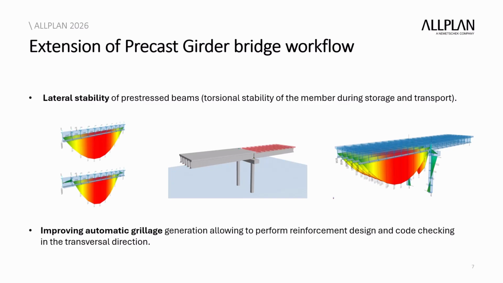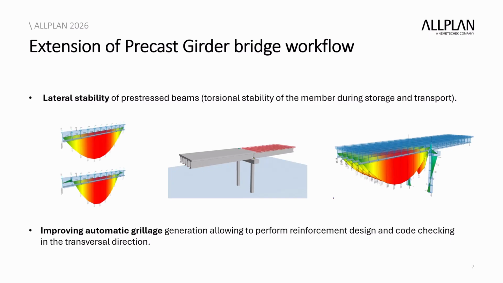So with the lateral stability and also improving automatic grillage generation, now every bridge design benefits from up to 70% workflow automation, precise parametric modeling, and also compliance with international standards like Eurocode and AASHTO, as we already had before.